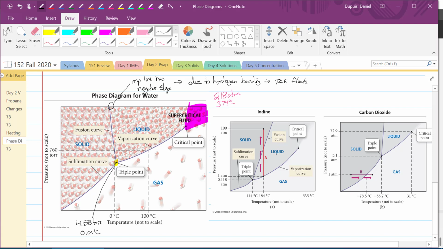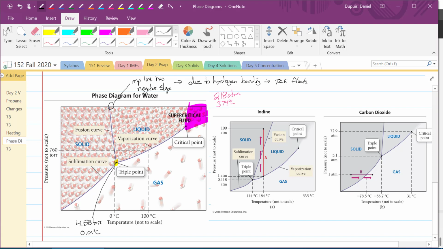Those are the phase diagrams, and that's basically all I want you to be able to tell me. So if I tell you iodine, you're at 5 atmospheres and, I don't know, 300 degrees Celsius, where are we at? Oh, 5 atmospheres, 300 is probably in here. It's probably a liquid, could be a gas.